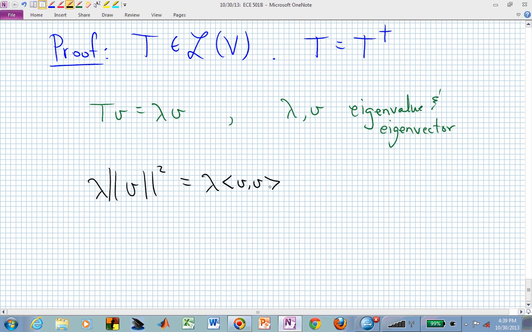The inner product of v with itself, and I can put that lambda into the first slot without any modification. So this first step is really just the definition of the norm and the homogeneity of the first slot.